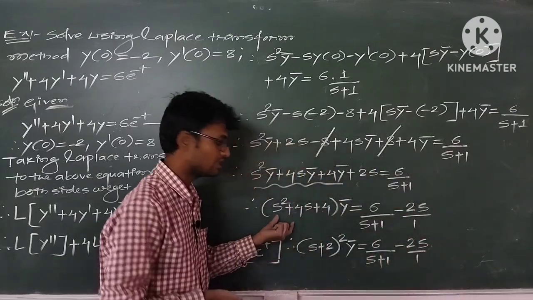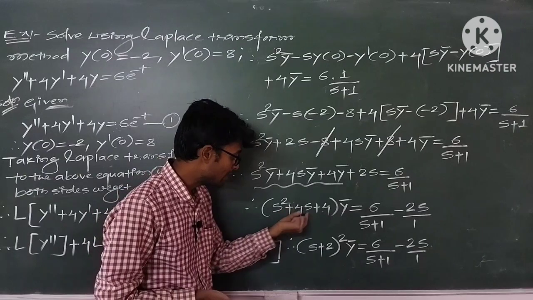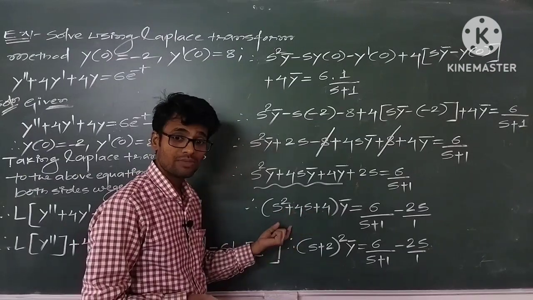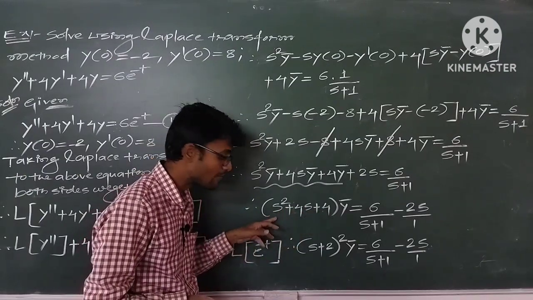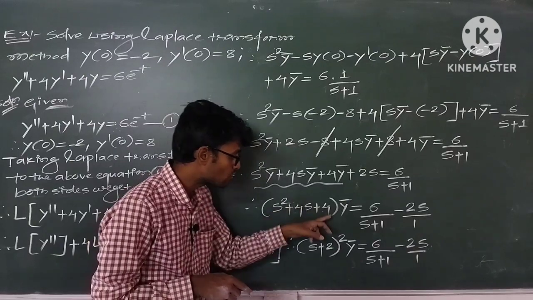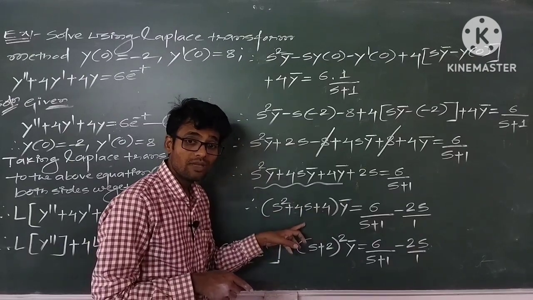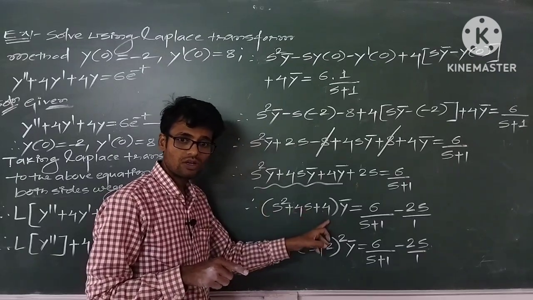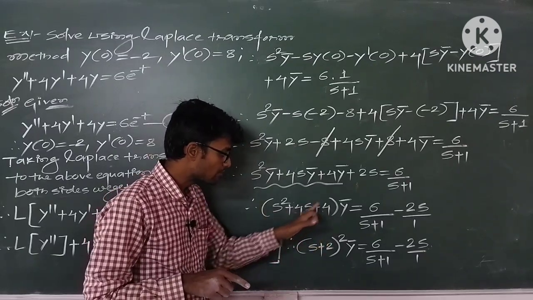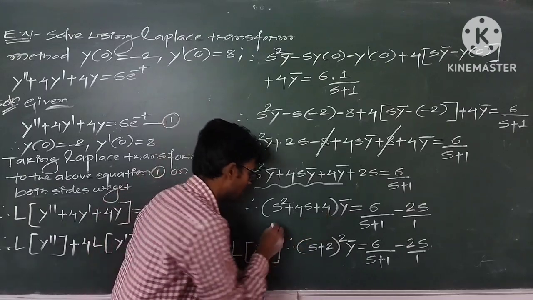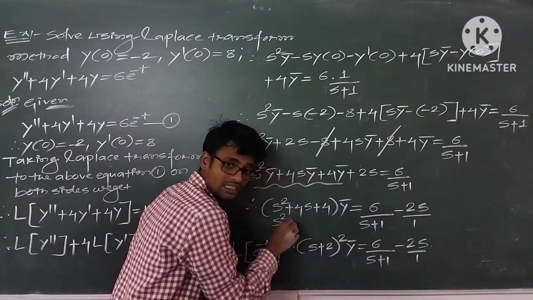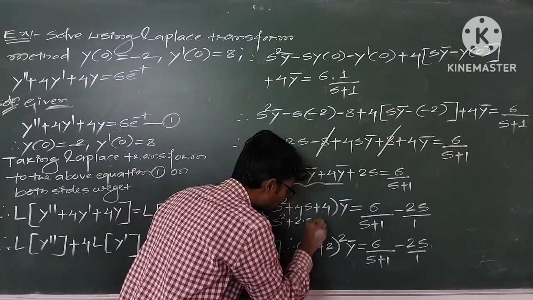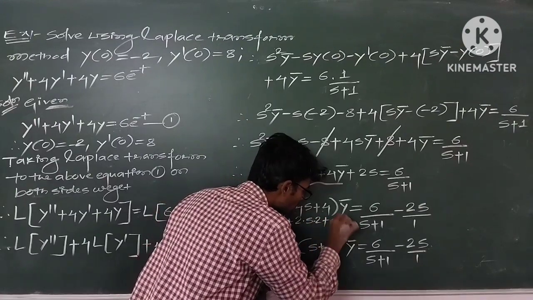For this I am using the formula a square plus 2ab plus b square is equal to a plus b whole square. Here the value of a is s, b is 2, and 4s is 2ab, that is 2 into s into 2, plus b square means 2 square.